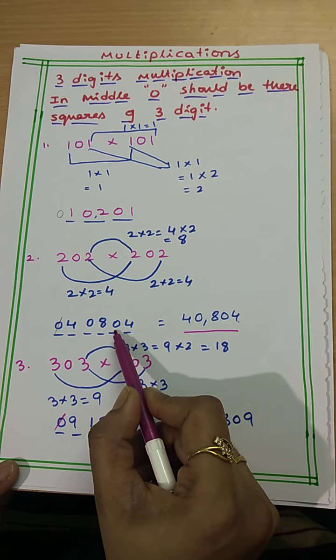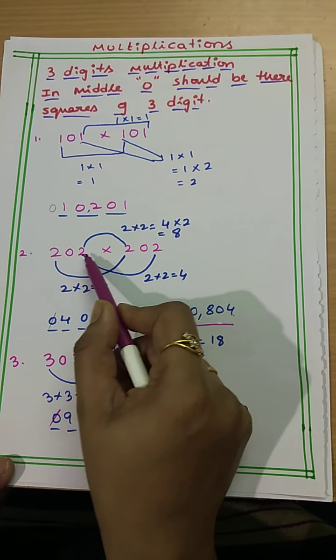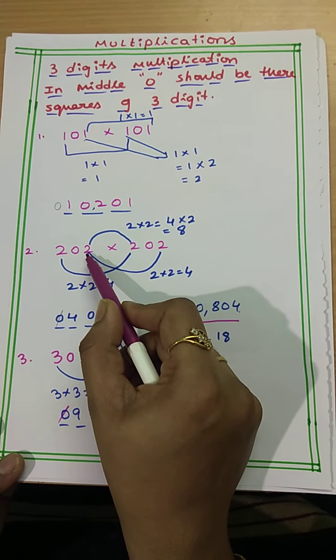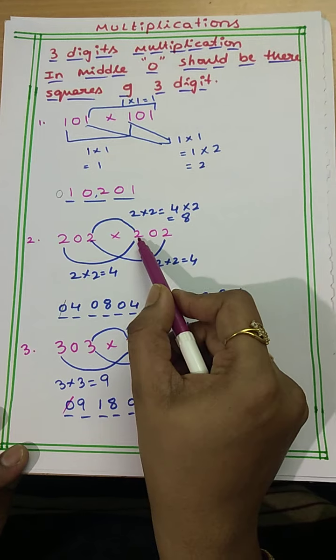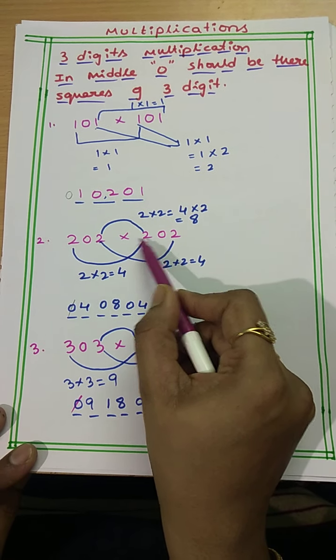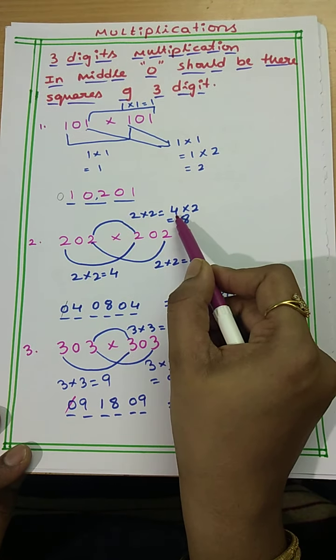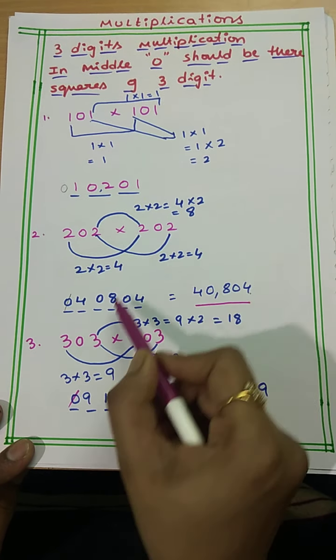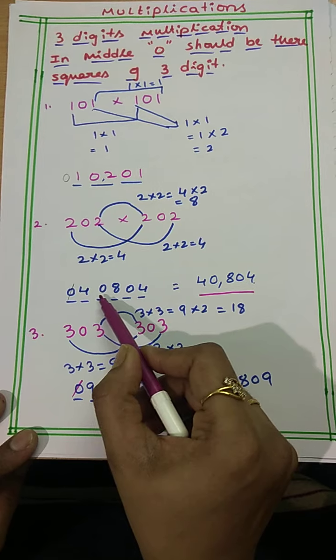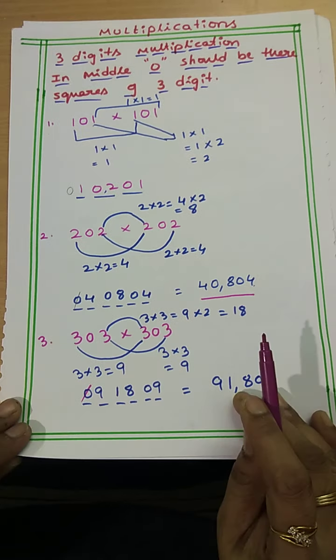It is a single value, so I have written 0 here. After that, the multiplication of the last digit of the first number and the first digit of the second number: 2 into 2 is 4, and we multiply 4 with 2 again. The answer will be 8, a single digit, so I have written 0. If 2 digits come, we can write directly.